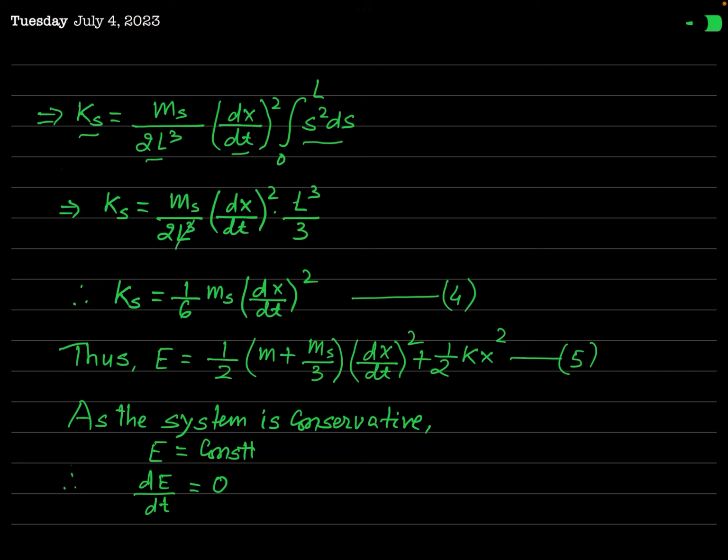So now this L cube and this L cube will cancel out, and so you can see the kinetic energy of the spring is 1 over 6 ms times dx by dt, whole square. Okay, in this way we have calculated the kinetic energy of the spring. Now you can get what will be the total energy.